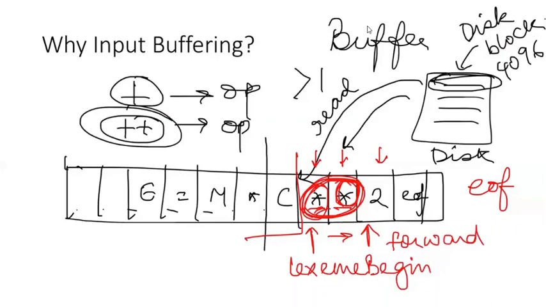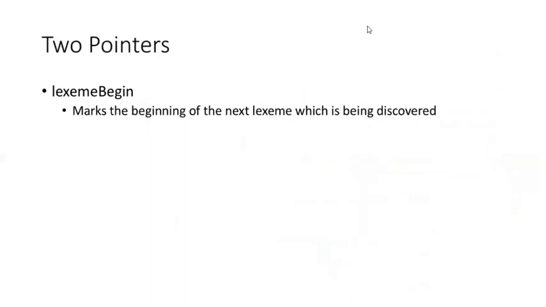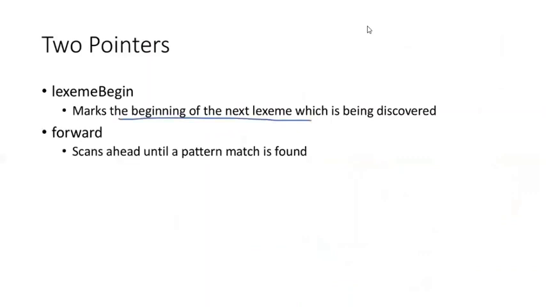The difference between the two gives me a valid lexeme. When it has decided that it has found a token, it will not move any further. These are the two pointers we have used. Lexeme begin marks the beginning of the next lexeme, and forward scans ahead until a pattern match is found.